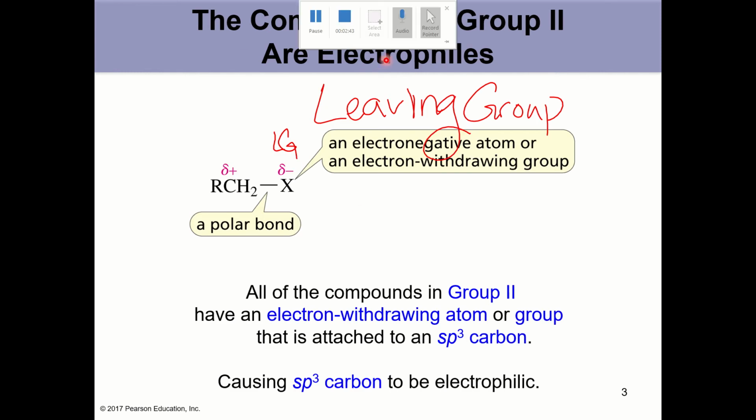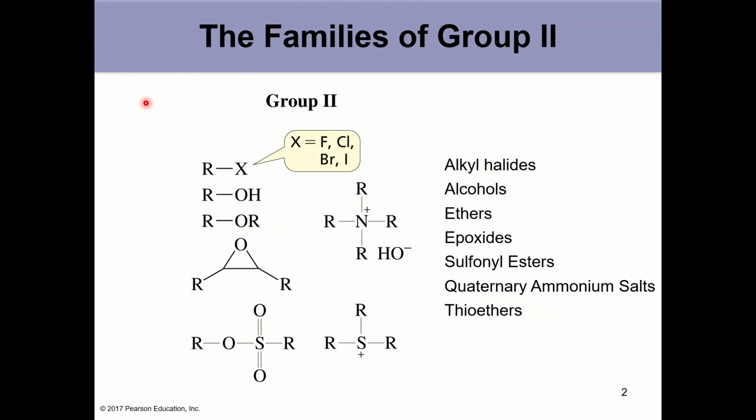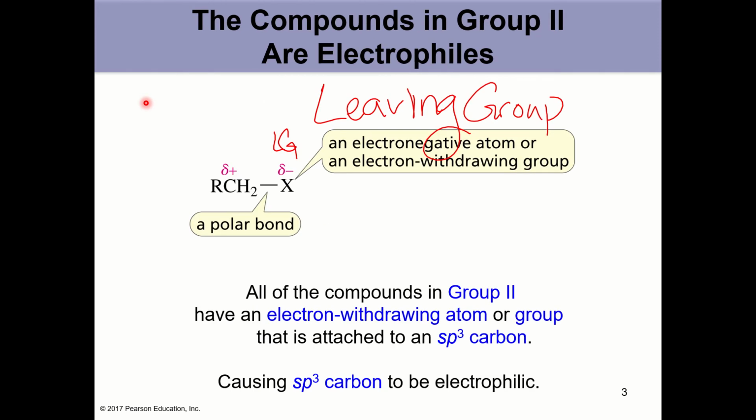All right, so beginning. The compounds in group 2 are going to be electrophiles. So we're going to discuss our R groups being electrophiles. They are electrophiles as the result of a partial positive bond or a polar bond, and especially for alkyl halides, X is going to be a good leaving group. So there's going to be an electronegative atom and an electron withdrawing group.